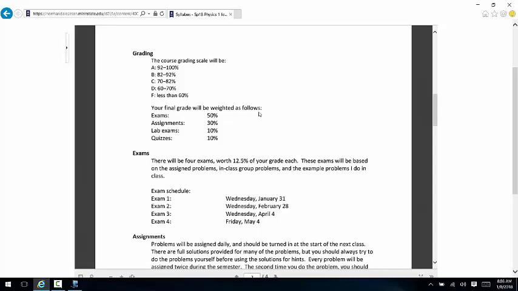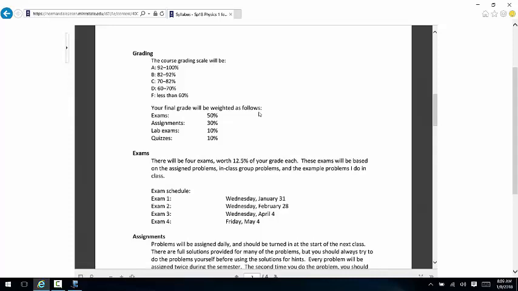And if it turns out that some of my tests were harder than I meant them to be, and based on that grading scale only 2 people in the class would get A's or something, then I would relax those grades. But for the most part, usually those are the cutoffs.